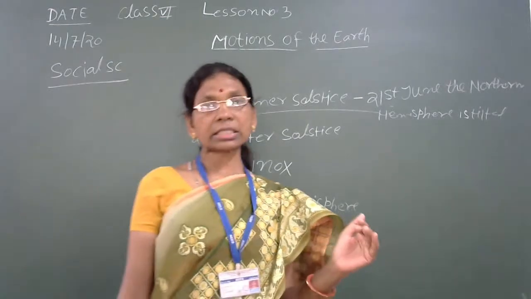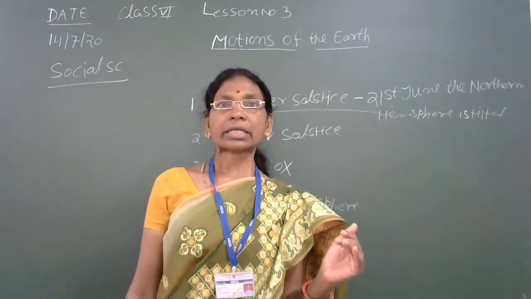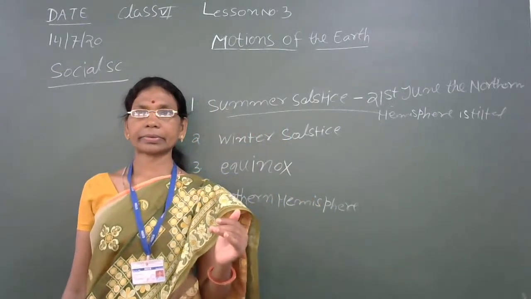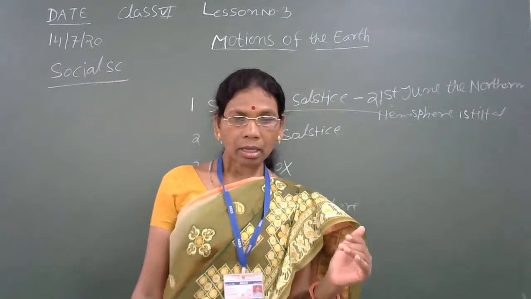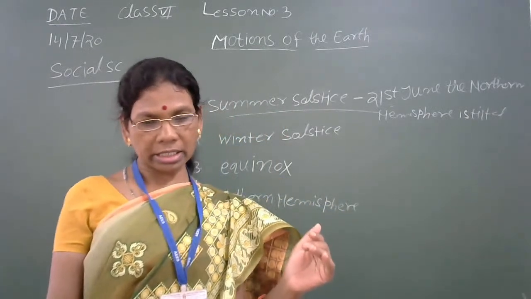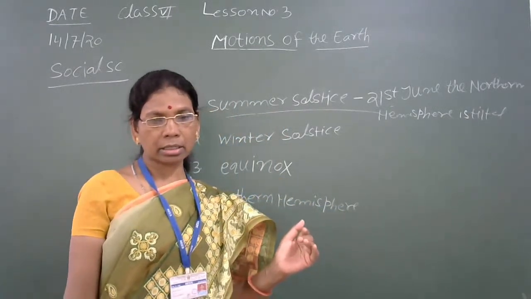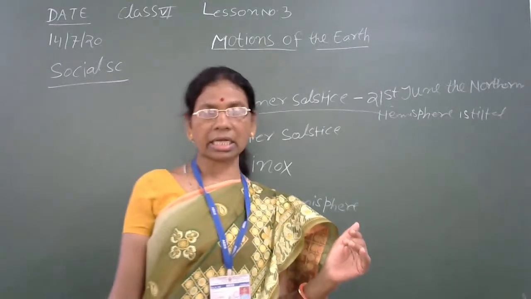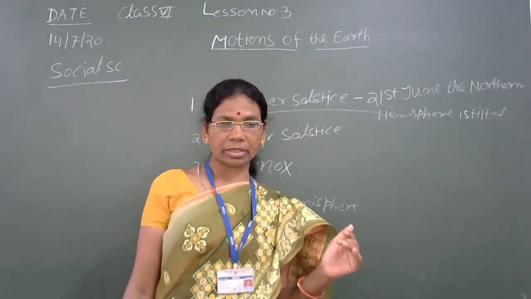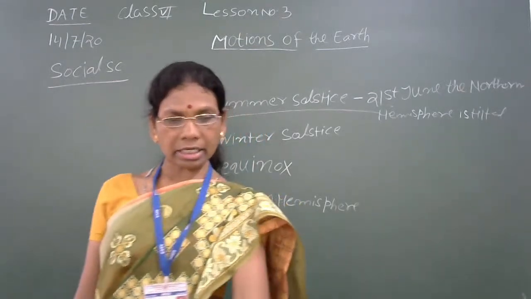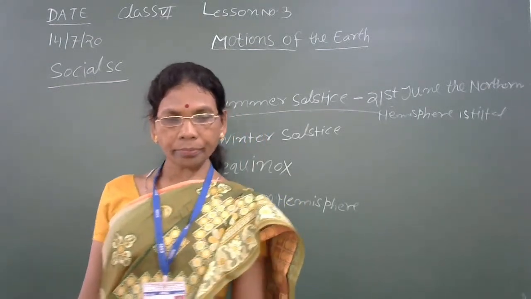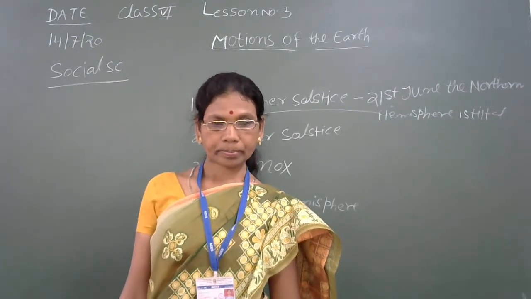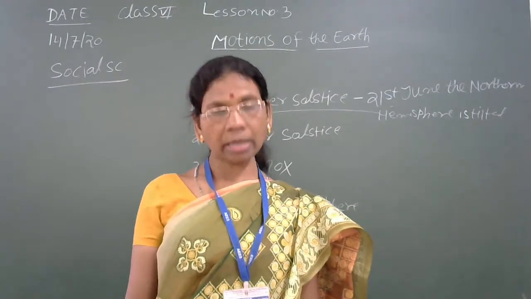The areas near the pole receive less heat. The north pole is inclined towards the sun, so the places beyond the Arctic Circle experience continuous daylight for about 6 months, getting light from the sun.